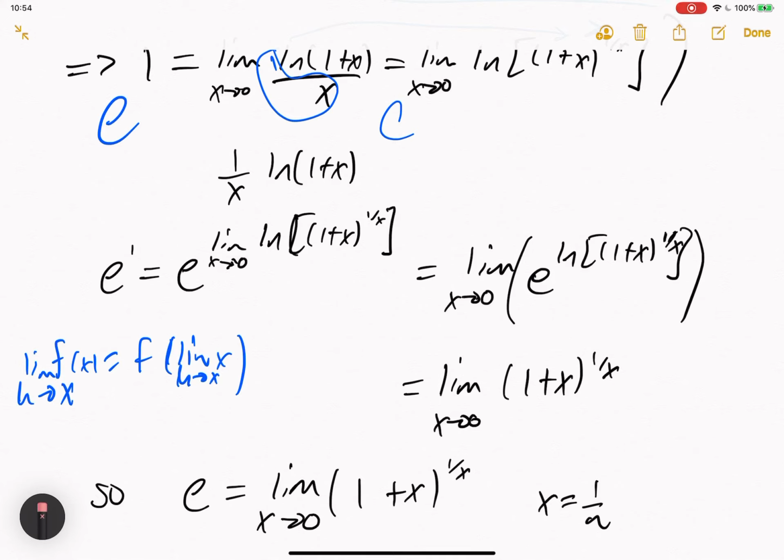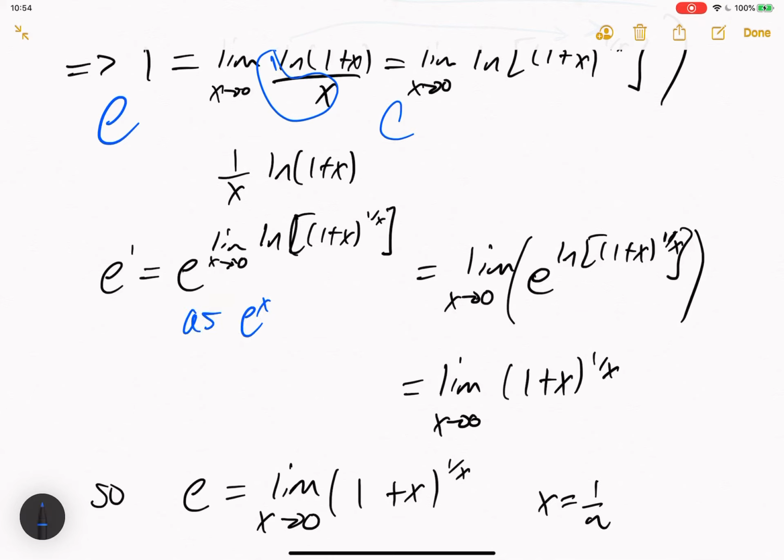So basically that tells us that we can pull the limit outside the function as much as we can pull it inside the function. So as e to the x is continuous, we can pull out the limit.